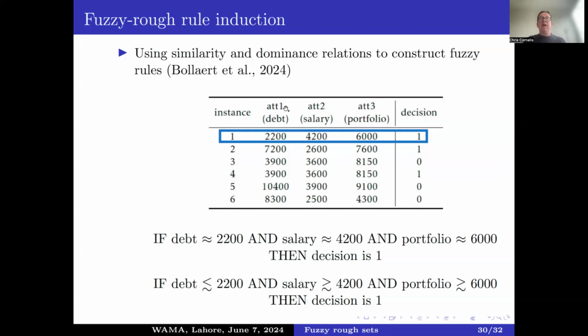So for instance, if we look at our toy data set again, from the first instance, we could derive a rule such as: if the debt is around 2,200 and the salary is around 4,200 and so on, then the decision is equal to 1, where the approximate equality can also be replaced by approximate dominance: if the debt is more or less smaller than 2,200 and so on.